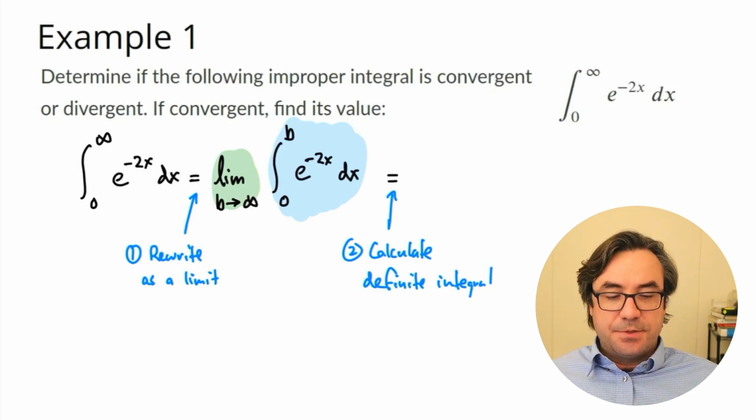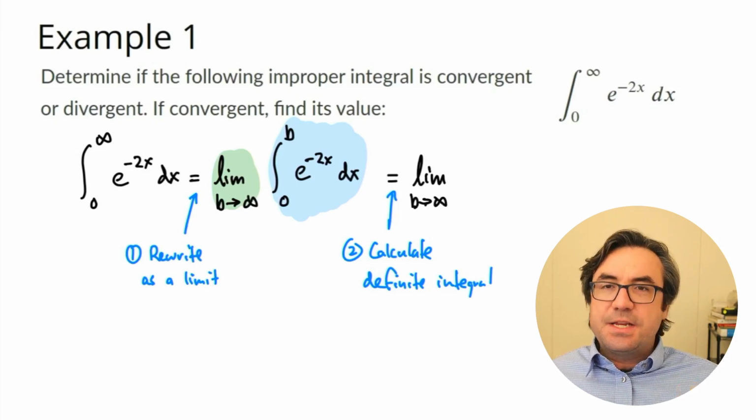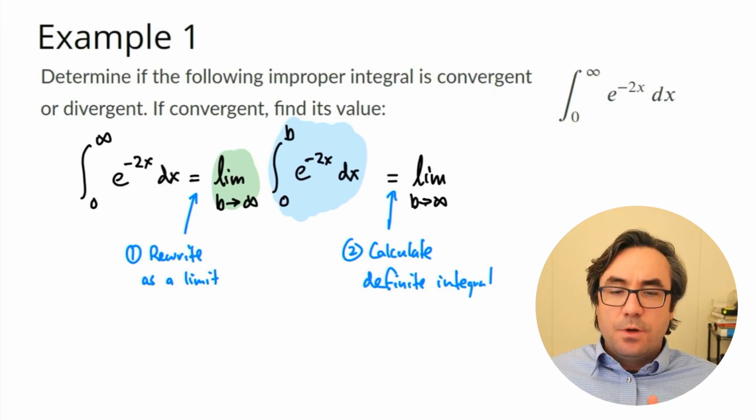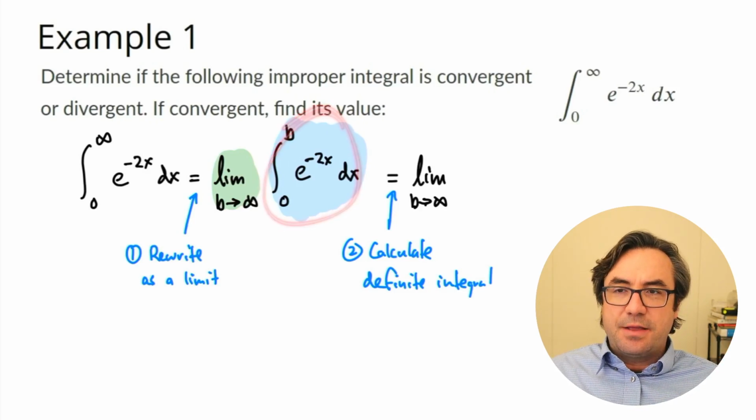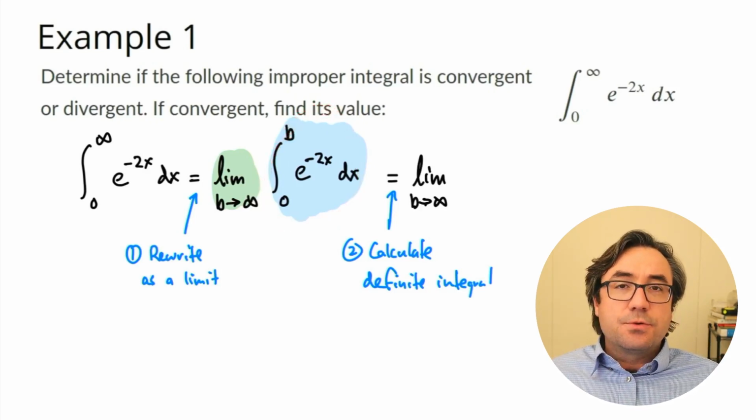We're still going to write the limit sign every step, but we're not going to deal with the limit until we're finished calculating this. All right, so what's our usual process?